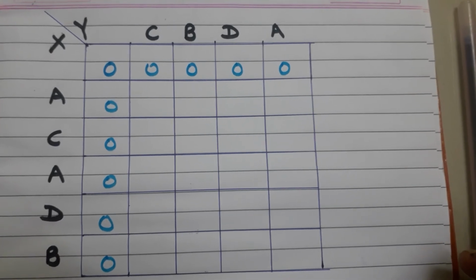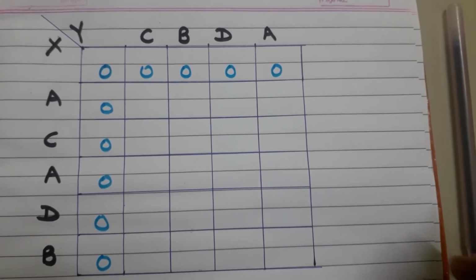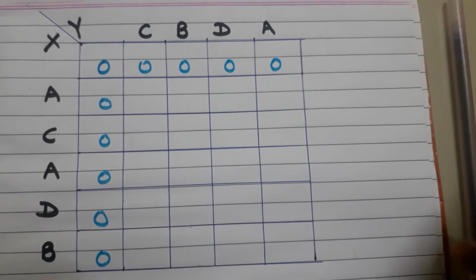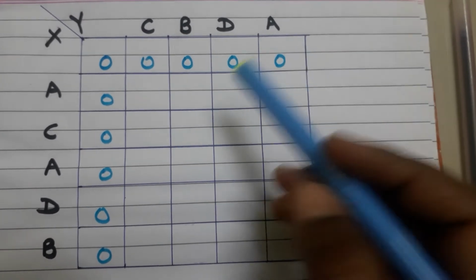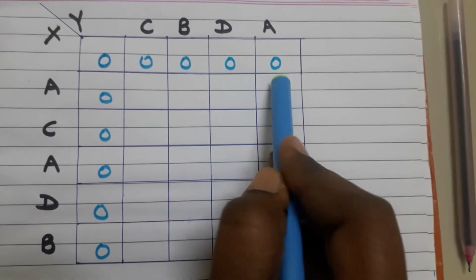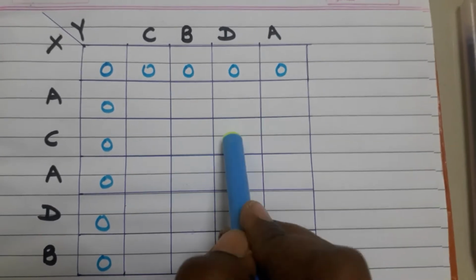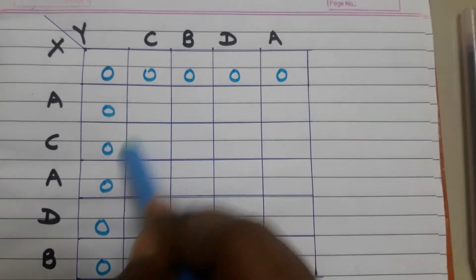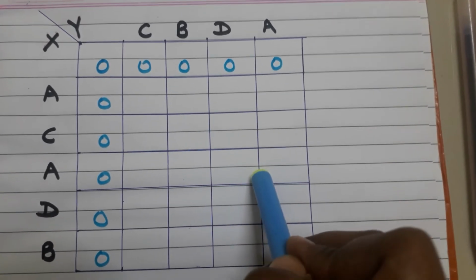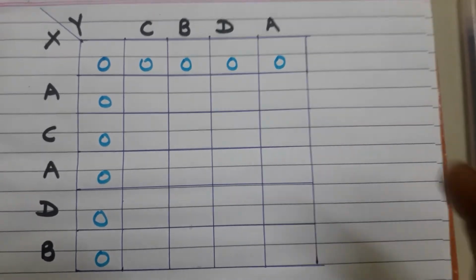Now we have to fill each cell of the table, so we will use certain logic. Here you can see the blanks. We have to fill these cells with data, so we will use certain logic.